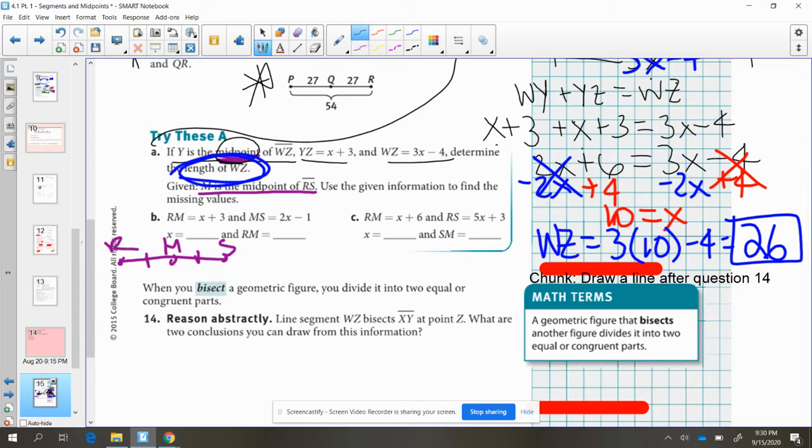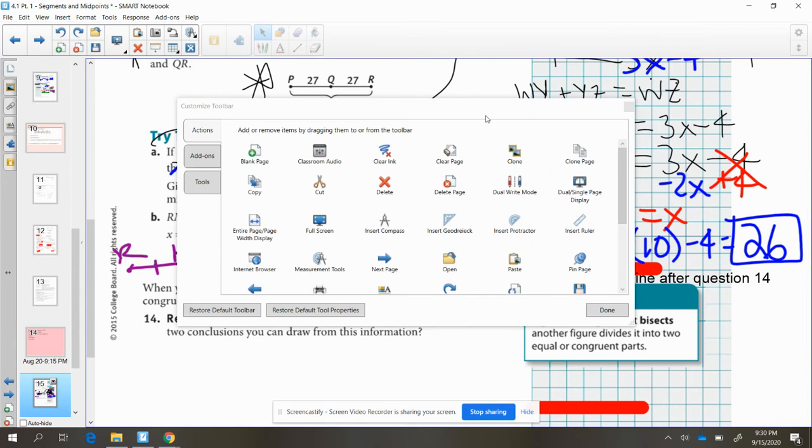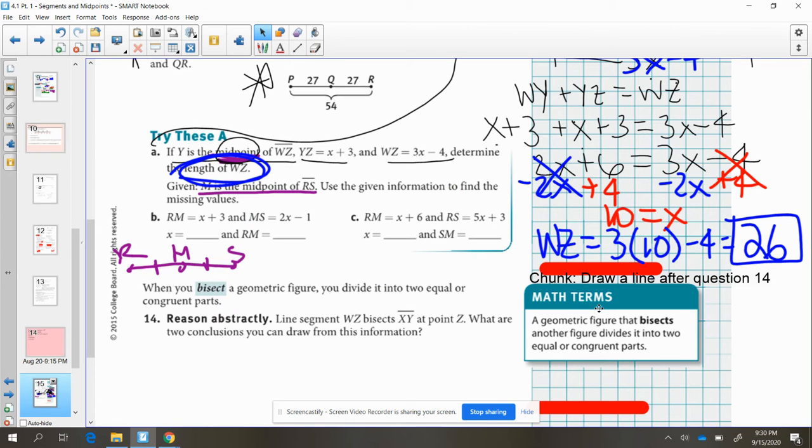Now notice this time we are given that RM equals x plus 3, and we're given MS, the other small segment, is 2x minus 1.